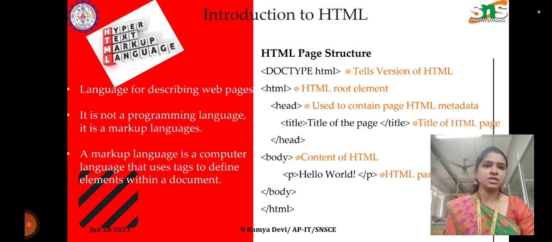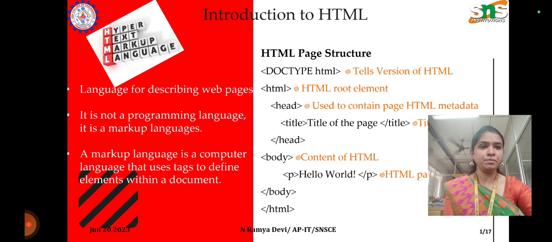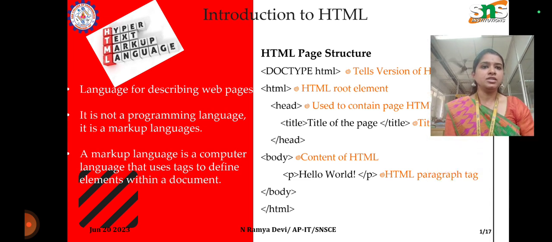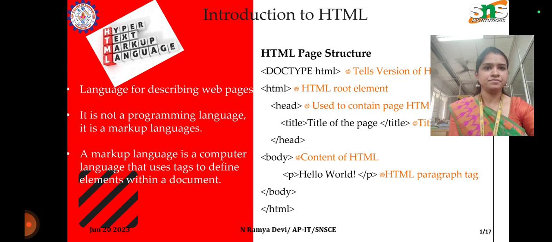And then after the head has been closed, next comes the body of the HTML, which contains the web page structure. The content of your web page will be provided inside this body element.